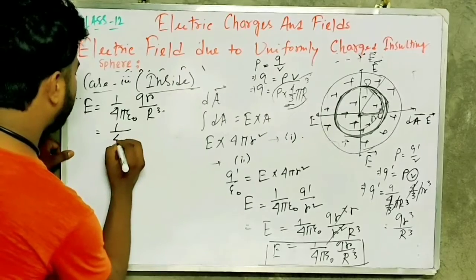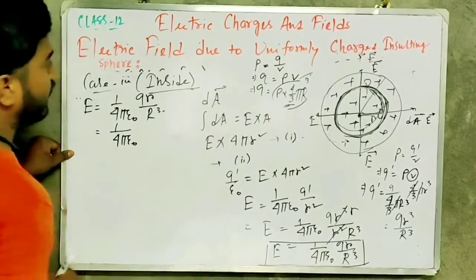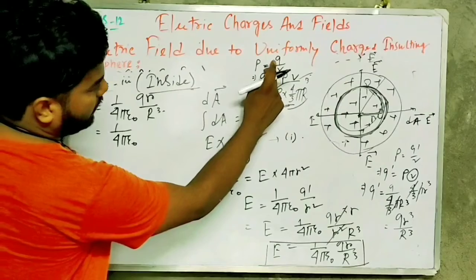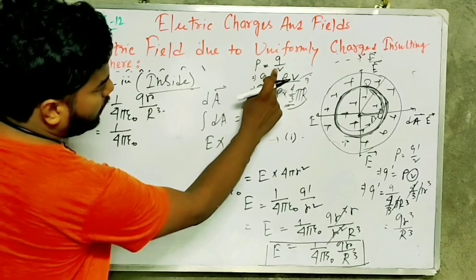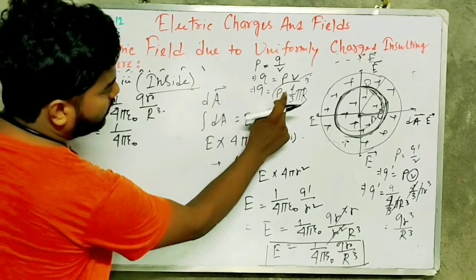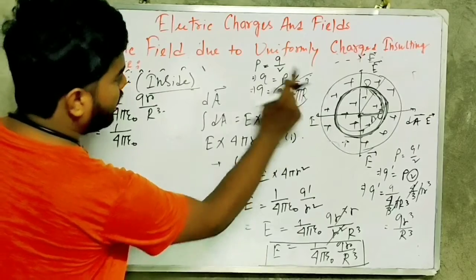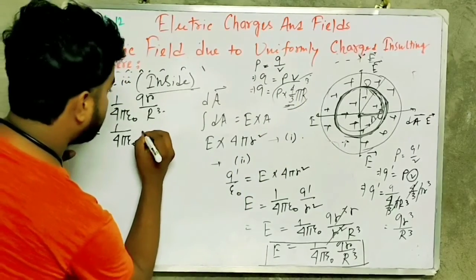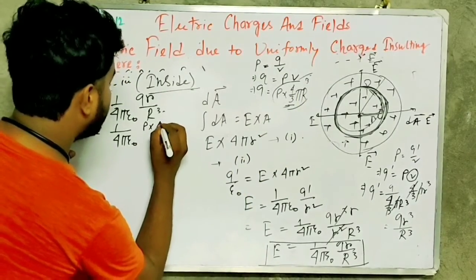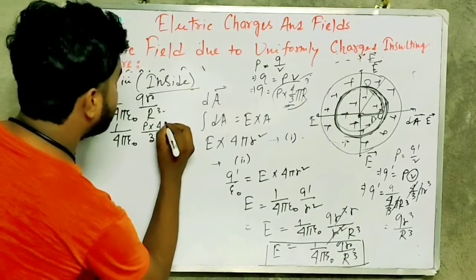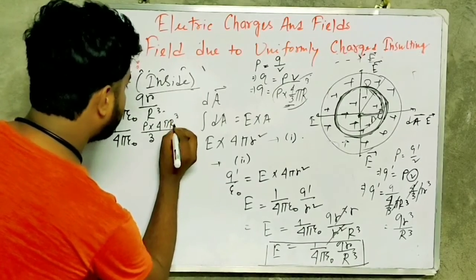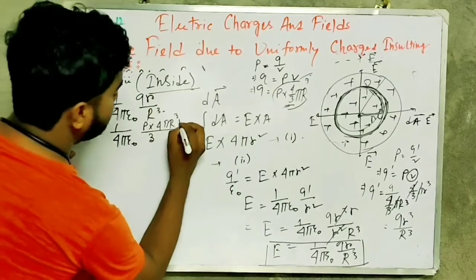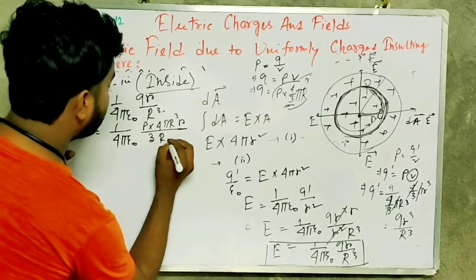Now 1 by 4 pi epsilon naught, putting the value of Q. Q is equal to rho into V, and V means 4 by 3 pi capital R cube. Just putting this value here, that is rho into 4 by 3 pi capital R cube, and there is small r, divided by capital R cube.